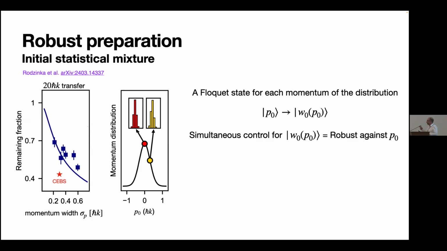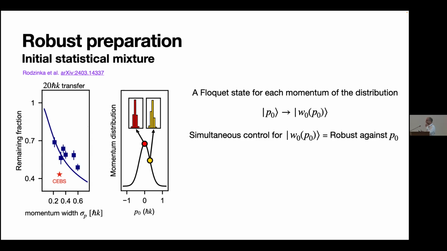Maybe I'm a liar, but I told you that the BEC was a perfect momentum state, but actually it's not true. The BEC is a distribution of momentum. So we have to find a simultaneous control to prepare for each P0 the correct Floquet state.